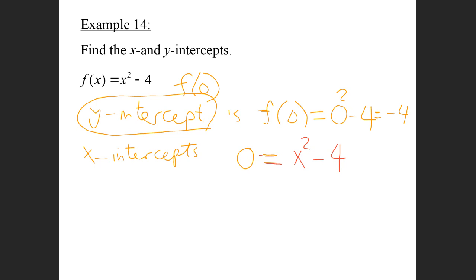The solutions are 2 and minus 2. So the x-intercepts are plus or minus 2.